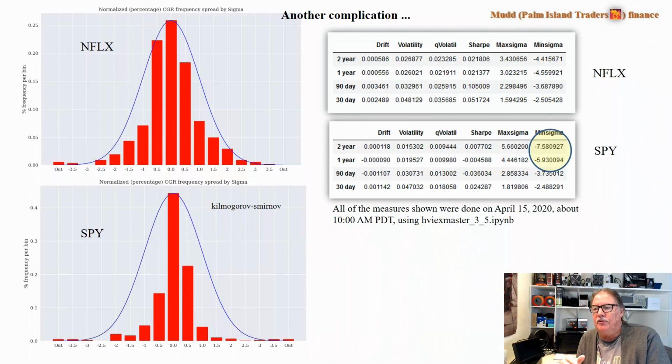Here we have 7 sigma, but you're going to get that, as you'll see, only in the 2-year estimator, because the 2-year estimator was the normal calm estimator. Look how low the volatility was for that, 0.015, whereas the 30-day is 0.047 because of the black swan. And so the 7 sigma is relevant only to the calm period.